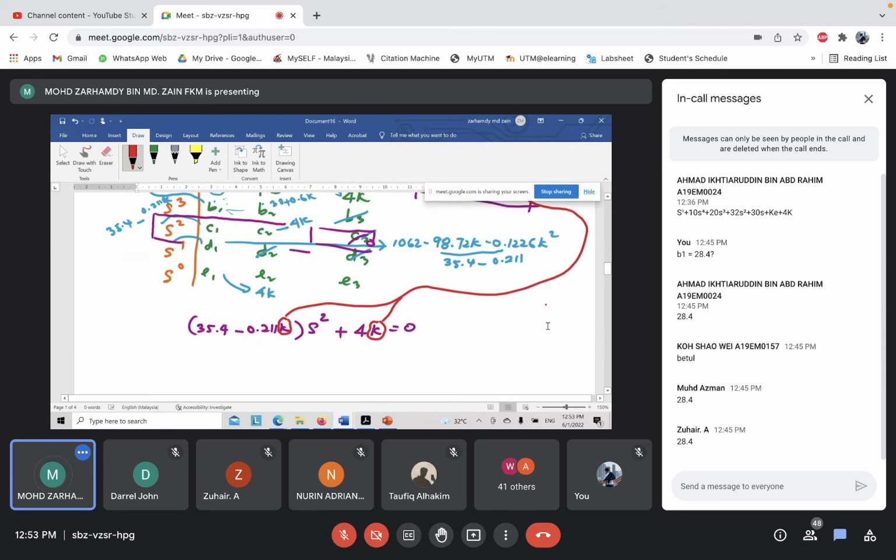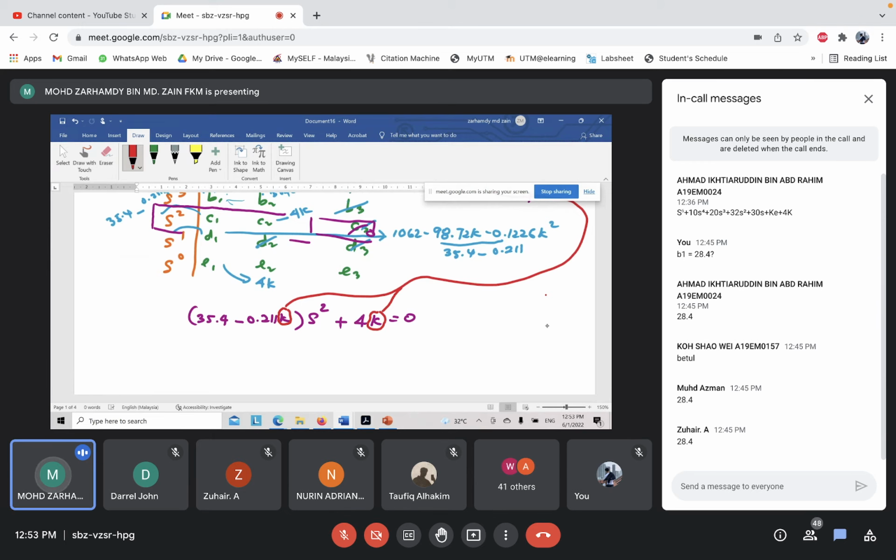Now we have 35.4 minus 0.122 times 10.6, S square plus 4 times 10.6 equals 0.